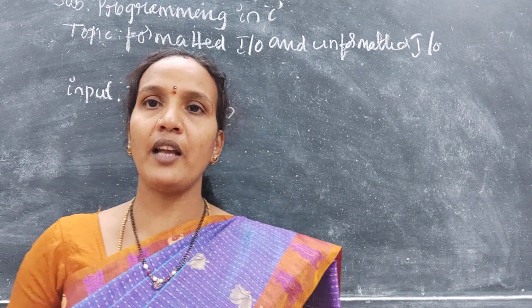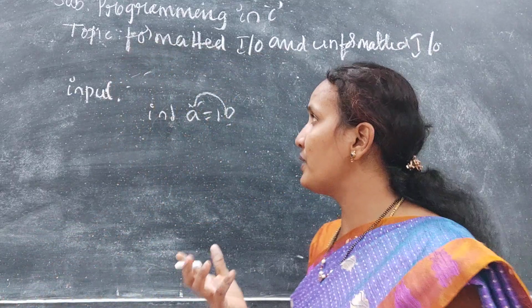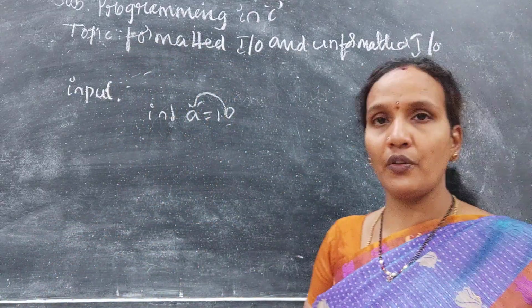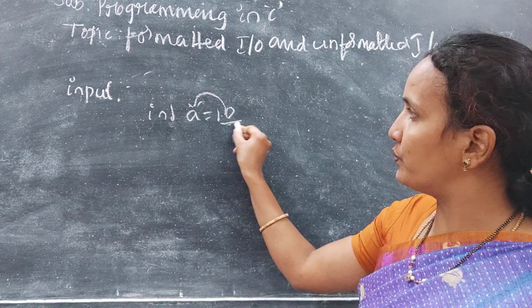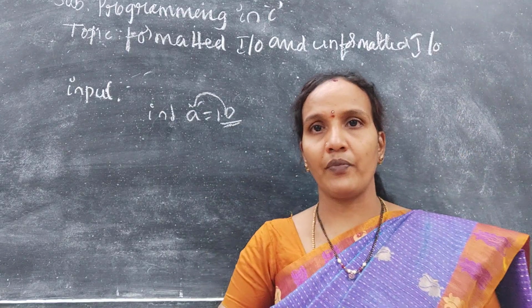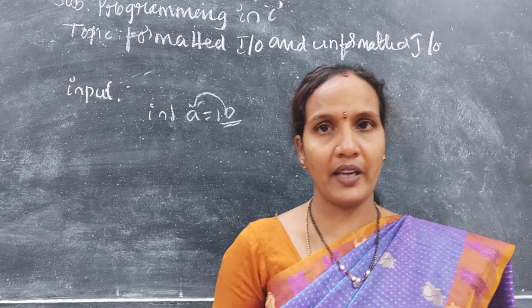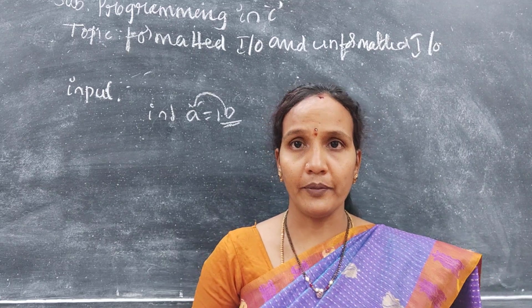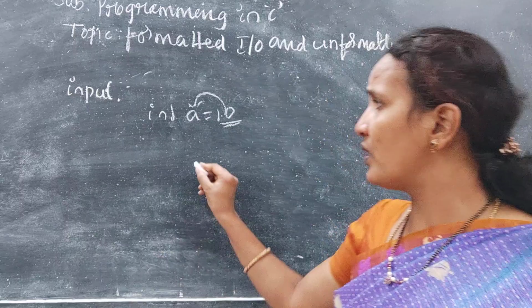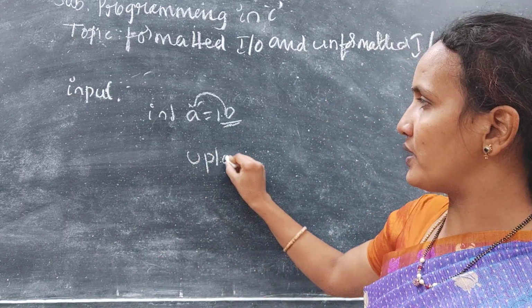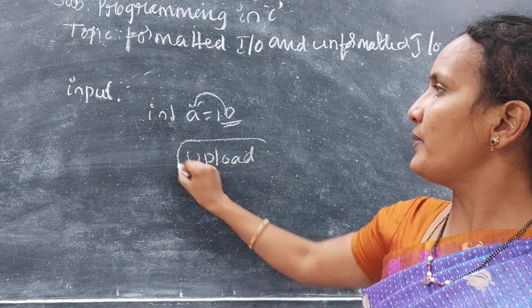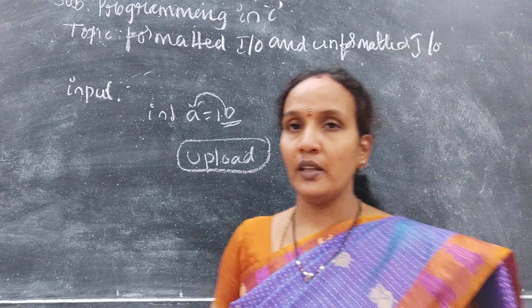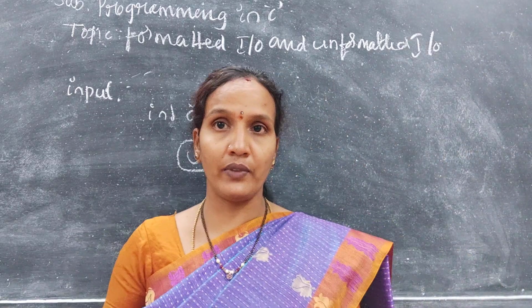There are different types of input. Here I am giving a numeric value. It may be numeric, or it may be a character, whatever it may be. For example, sometimes you may know upload. When you click on upload, it will ask you to give the location of the file.